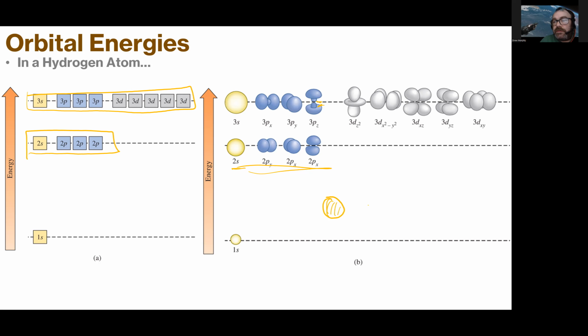S for sphere, P for dumbbell, D for cloverleaf, okay. And D has also got the dz squared, which has a donut in the middle, okay.